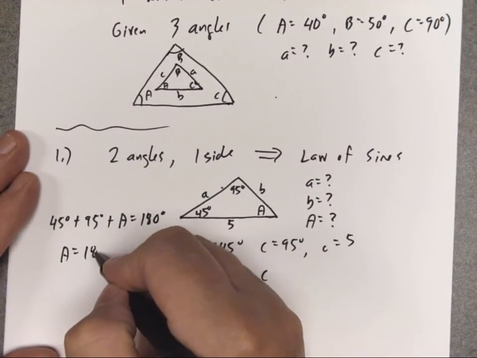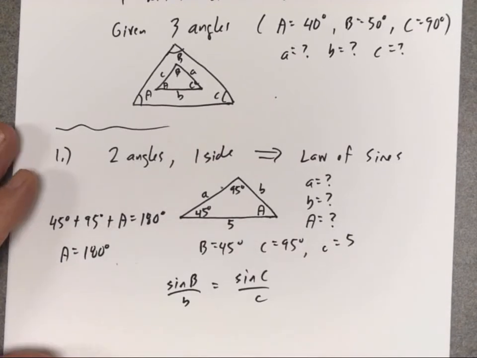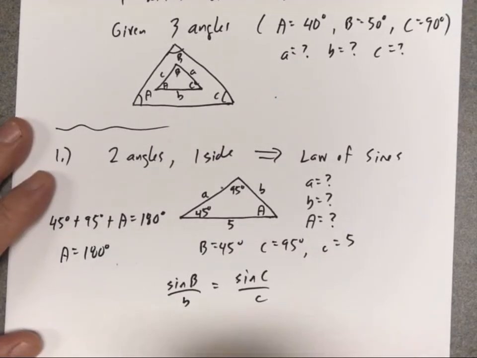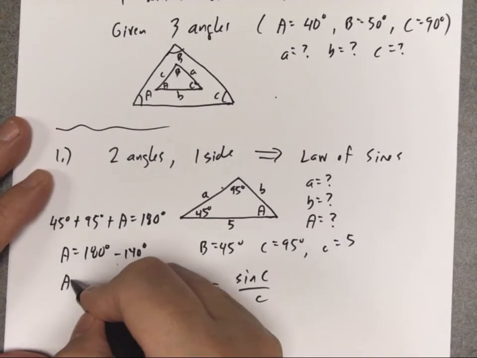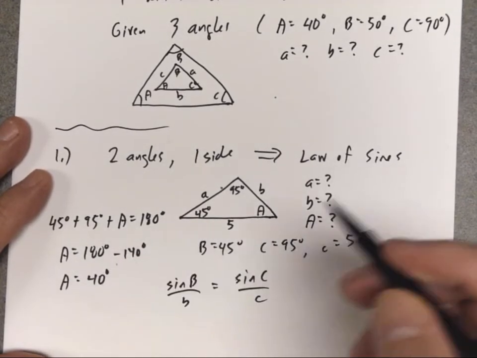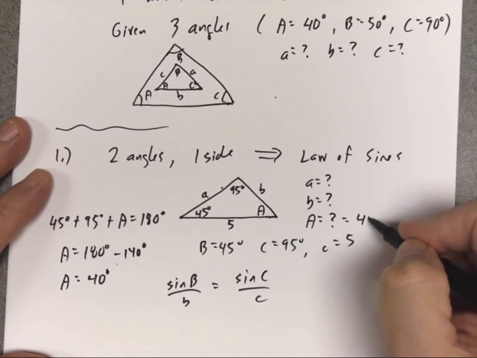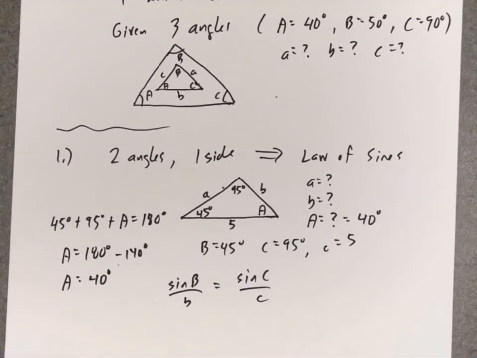So angle A: 45 plus 95 is 140, so we're going to subtract 140 degrees. So I know right away angle A is 40 degrees. So I forgot that. But anytime you're given a triangle and you're given two angles, first thing, go ahead, determine your third angle. All right.